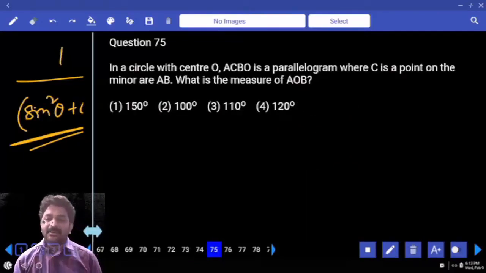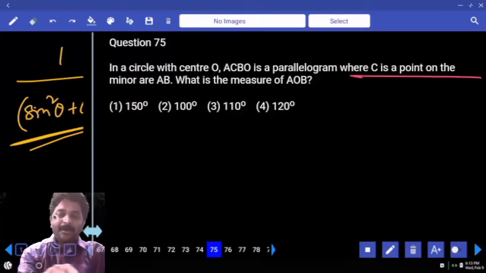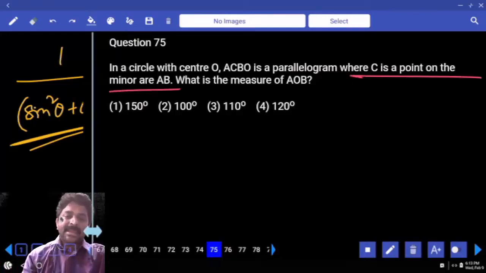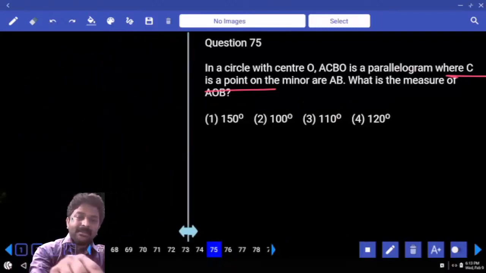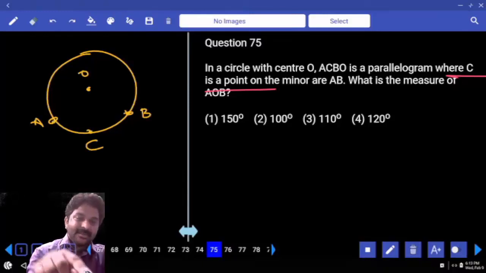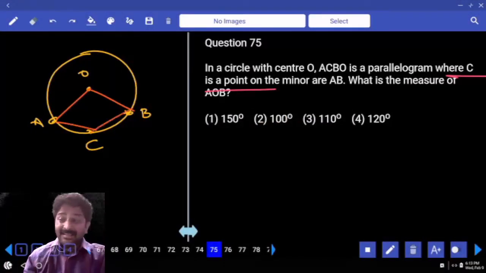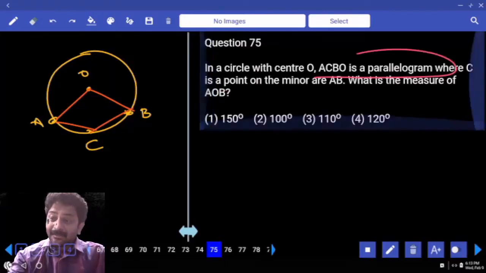In a circle with center O, ACBO is a parallelogram where C is a midpoint on the minor arc AB. That is arc, not R. There is a circle with center O. AB, there are 2 points. Between AB, the midpoint is C. And they even mentioned that AOBC is a parallelogram.